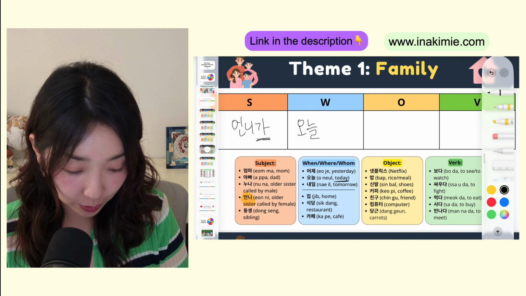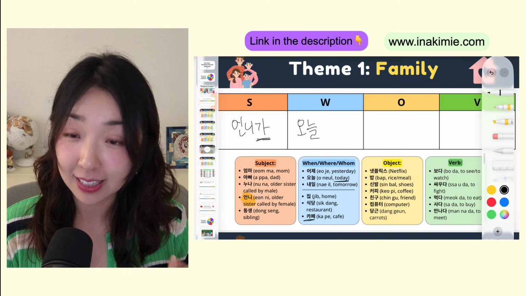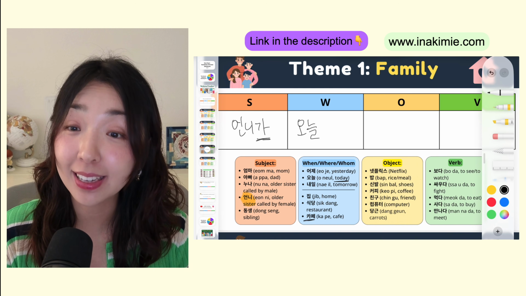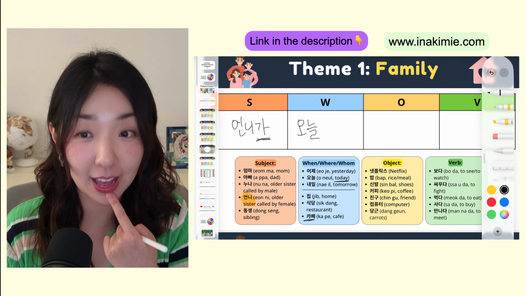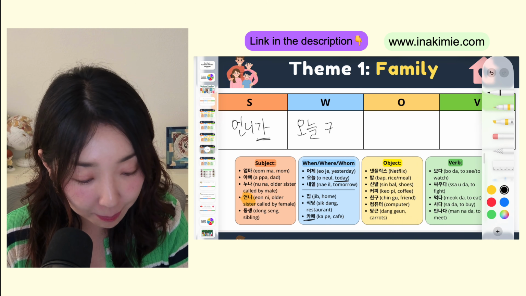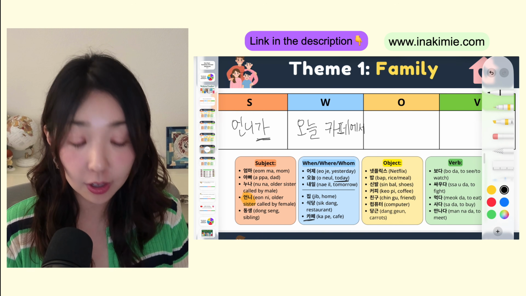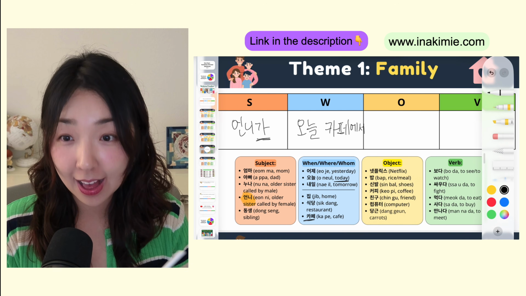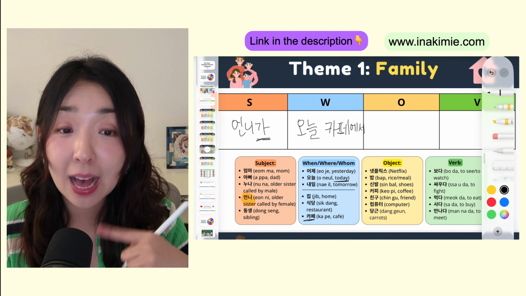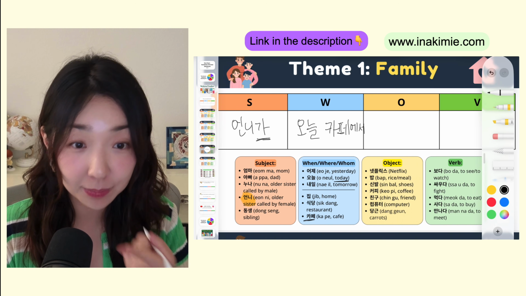What about we use 카페? That sounds like English. Cafe is 카페 without the F sound. So I'll write 카페. And that needs a particle. So 에서, location marker. 언니가 오늘 카페에서.